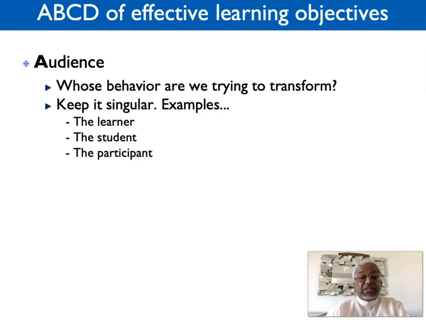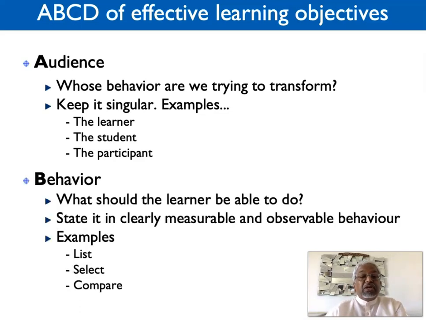That's the audience. In terms of behavior, what should the learner be able to do at the end of the lesson? Just state it simply and clearly. It has to be measurable, something you can observe. Some examples of words to use would be the learner should be able to list, select, compare, etc.